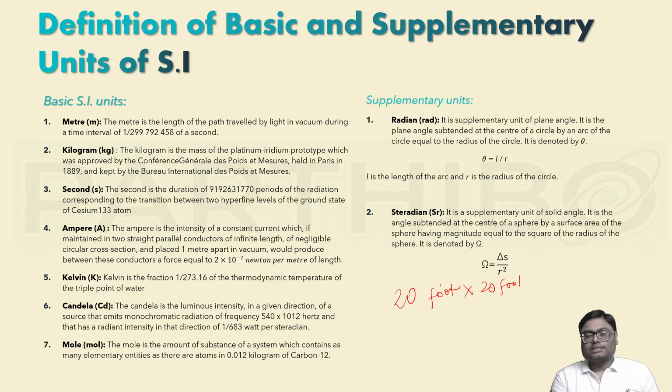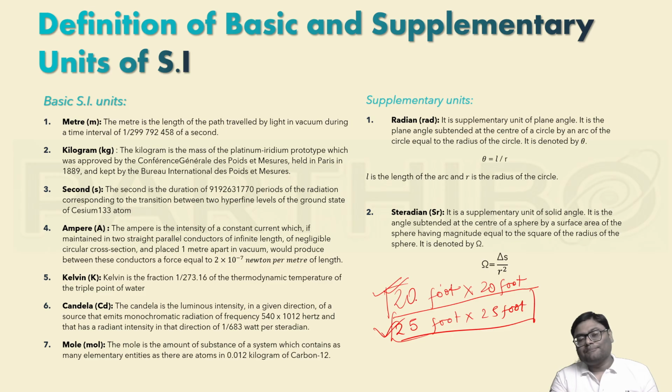According to him, the land is 20 foot into 20 foot, and the person who is selling the land is saying no, it is 25 foot into 25, and he's demanding the money for this much, and the person who is buying the land wants to give money only for his measure.